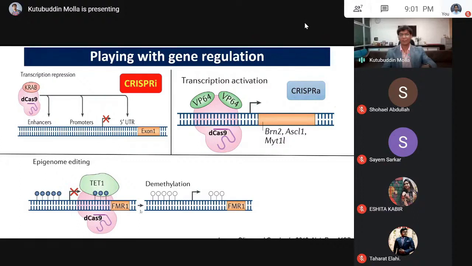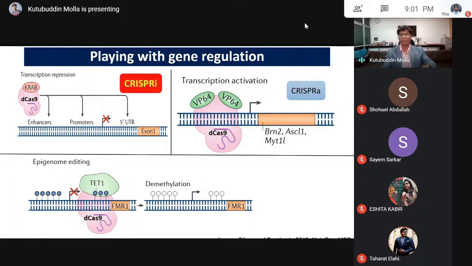Because the same gene has the same promoter, but the promoter region is methylated. The bases in the promoter region are methylated. The methylated bases inhibit the expression of that gene. So this is called the epigenome signature. If it is methylated, it is down regulated, so it does not produce that much protein or mRNA.